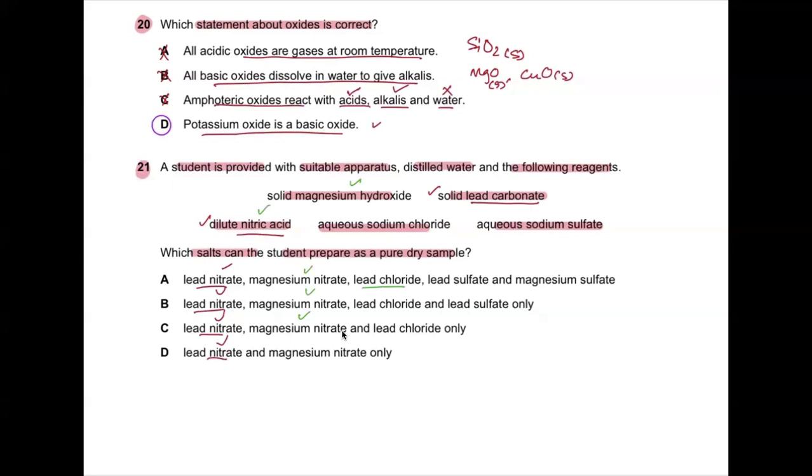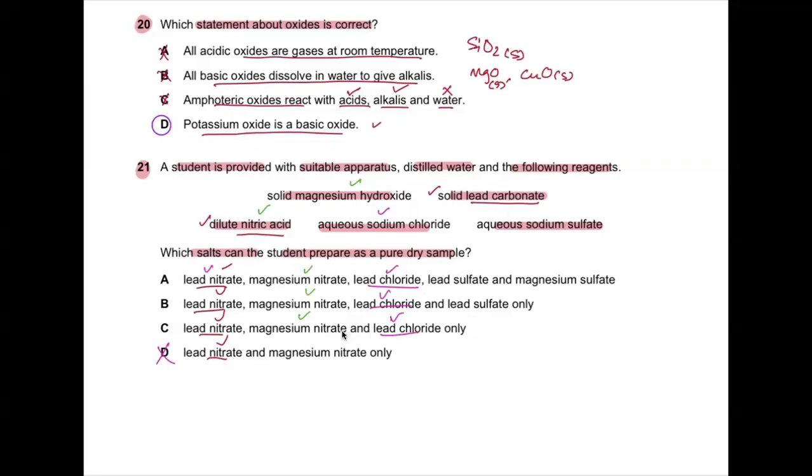Then lead chloride. If you see, we have prepared lead nitrate, right? So with this lead nitrate, if we react sodium chloride, we will get the precipitate of lead chloride. So that can be made. So for sure D is wrong.